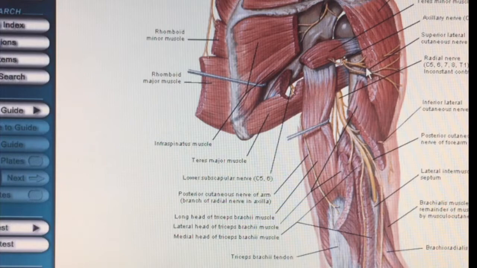So, what is going to be a problem with the quadrangular space? In anatomical position like this, certainly the space is quite fine and the nerve is not compromised. But if the arm goes into abduction, both teres minor and teres major will come much closer to each other, so would the humerus and the long head of the triceps.